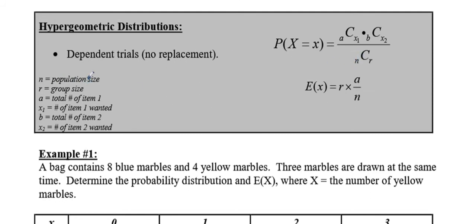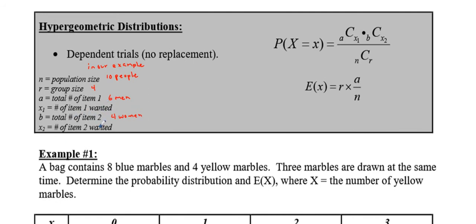So in our case, that was the 10 people. R was the group size. So in our example, it was a group of 4. A is the total number of item 1. So that's usually what X is equal to. So in this case we had 6 men. B is the total number of item 2, in which case we had 4 women.